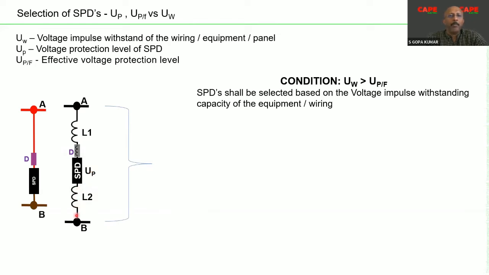You have to be bothered about the final effective protection level, Up/f, the final effective protection level you are going to achieve between point A and B, is important for you.